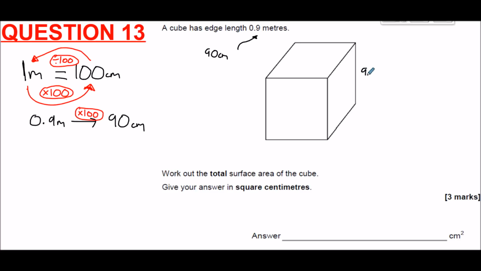So that's 90 centimeters. The thing with a cube, all the faces are a square, and the special thing with a square is all the sides are the same length. So with a cube, all the sides of the cube are the same length too. So we want to work out the total surface area of the cube. So what we can do is work out the area of one surface.